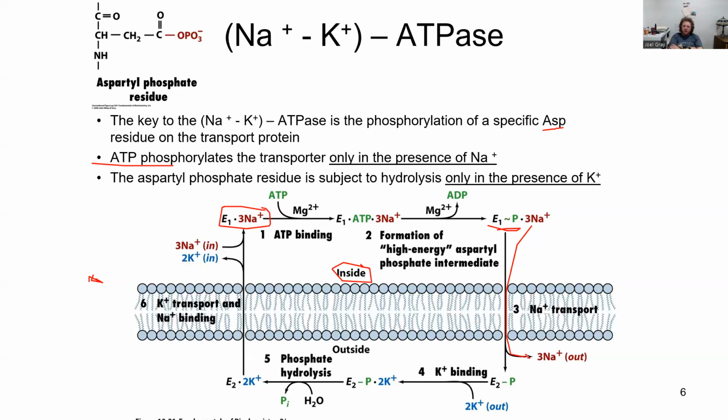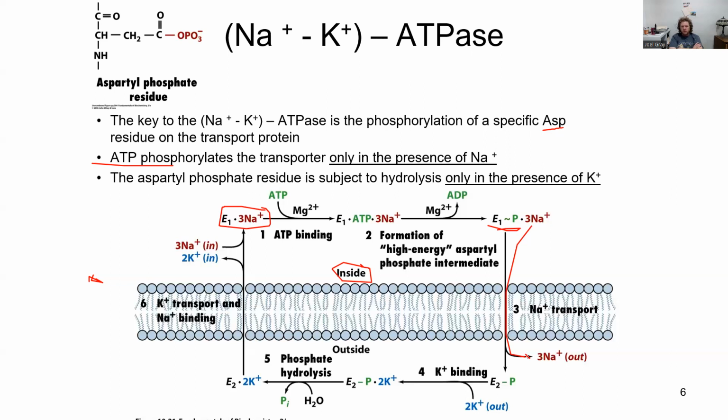Instead, what can happen now is our potassium ions can find the binding spot on E2, the phosphorylated form of this protein. So on the outside of the cell, we have E2, which is phosphorylated, which also has two potassium ions. Once that is more or less stabilized, there's going to be the hydrolysis of that phosphate group off of the aspartic acid.